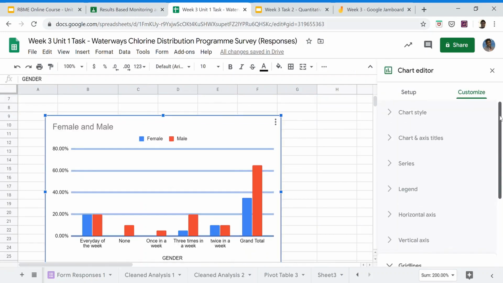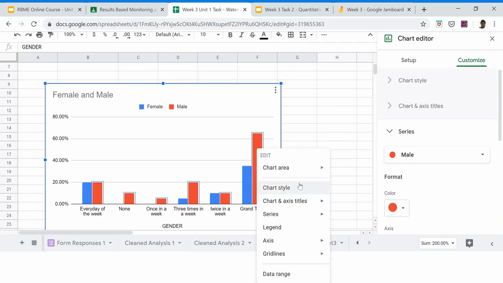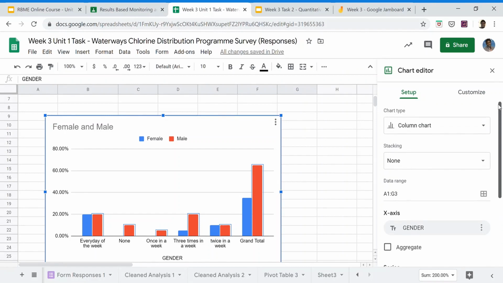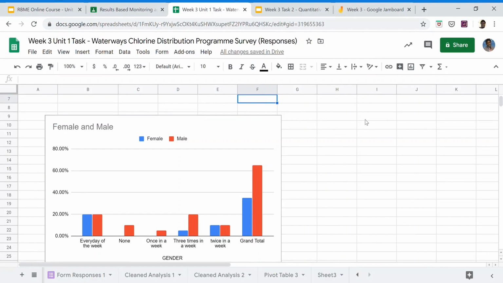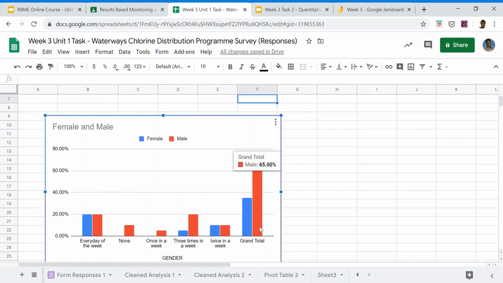I should be able to. Data range. Yep, I do not want the grand total. So I need to remove it, it should be till F3, the data range.